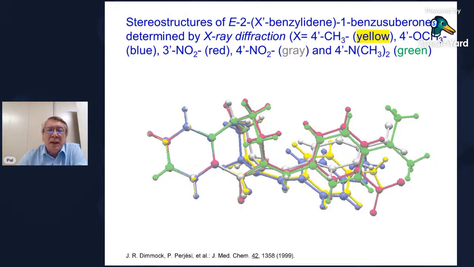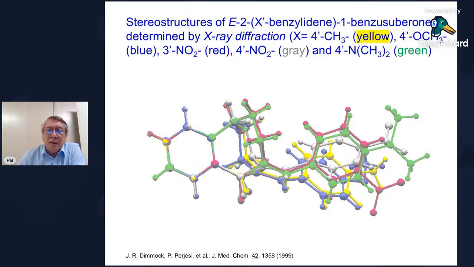We can see that in one series of cyclic chalcones, when we have a constant ring size, not only the ring size, however, the substitution of the compounds also determines the three-dimensional shape of the molecules.